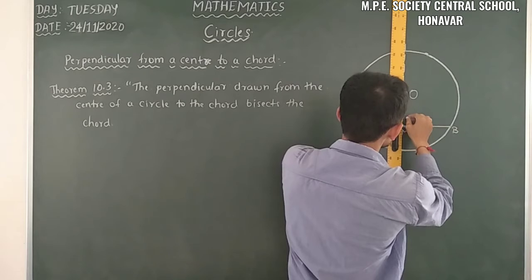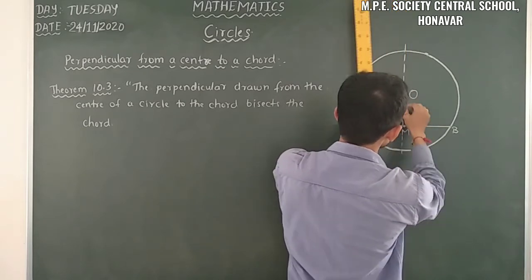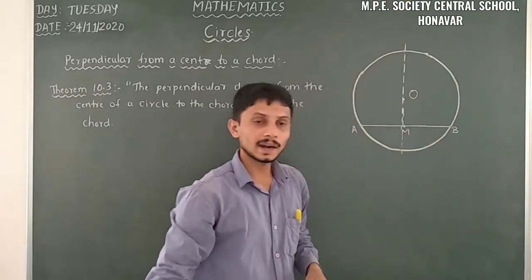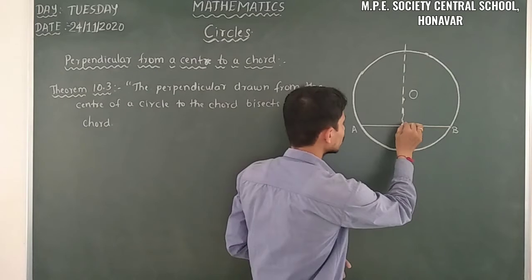Here is the tracing paper we have to fold, and it passes through the point M.